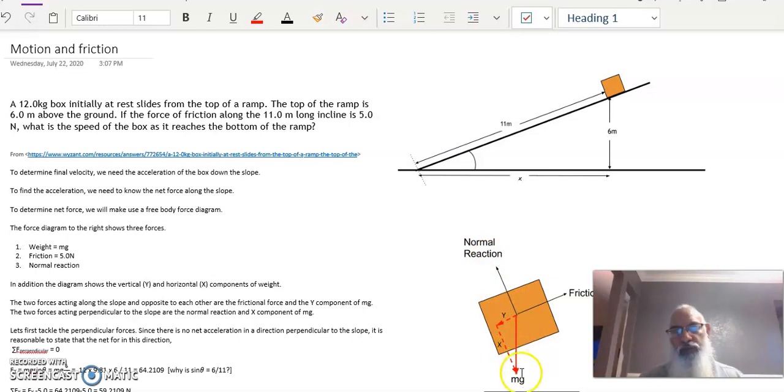I have also broken down the gravitational force into its component parts. There is a y component, which is along the slope, and an x component, which is perpendicular to the slope or opposite to the normal reaction.